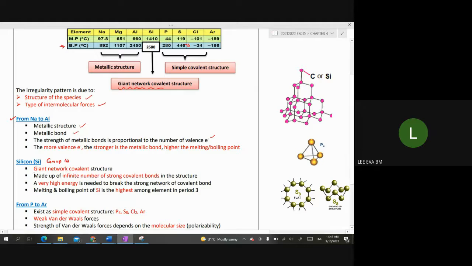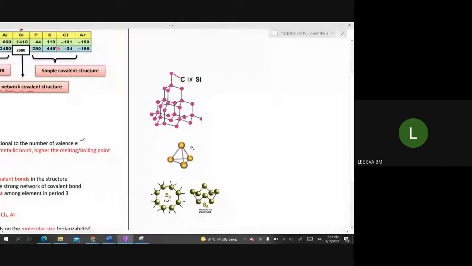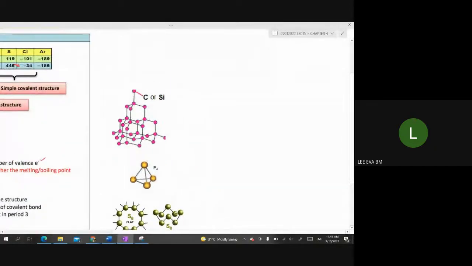The keyword over here is giant. Giant network covalent structure. And in these structures, we have an infinite number of strong covalent bonds. Infinite, if you know about infinity, that means countless, a big amount of strong covalent bonds. So, madam nak awak cuba tengok structure yang ada kat tepi sini.